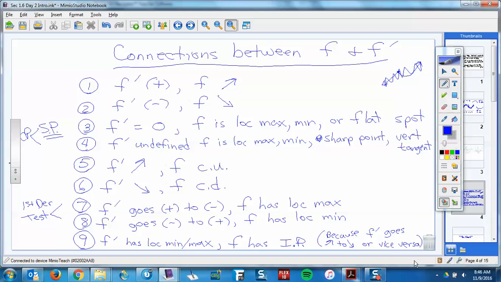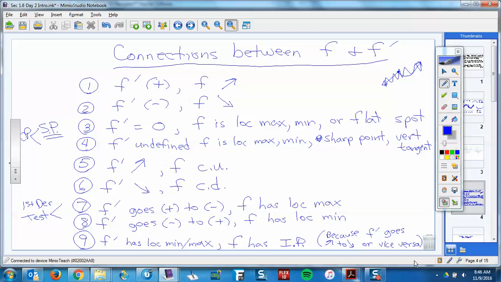So therefore, we've got that. So those go from concave up to concave down, and then concave down to concave up. Either way, you've got an inflection point, right? Because an inflection point is just where the graph changes concavity. When F prime's increasing, F is concave up.